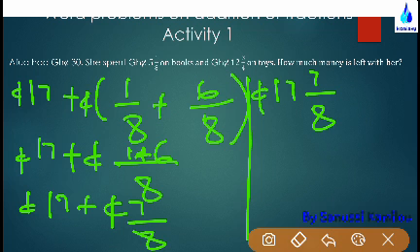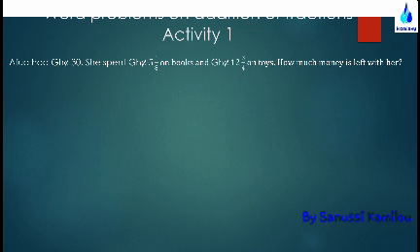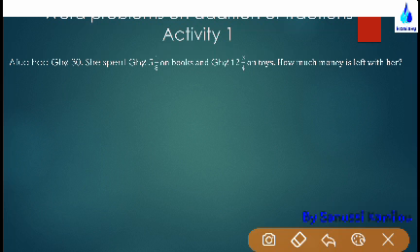So we shall continue to answer the question, how much money is left, by subtracting this answer from the 30. But to make the work very easy for us, I want us to convert this one into an improper fraction. Now let's move to the next page.